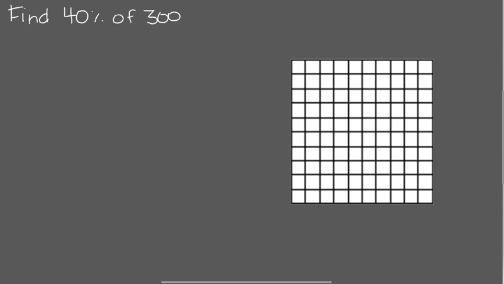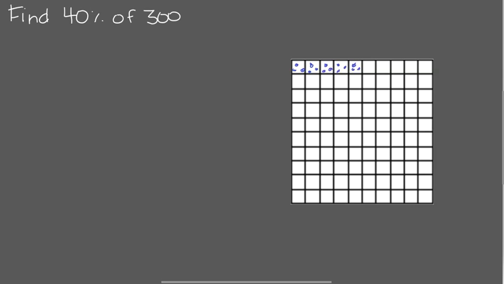So if I'm doing that, I know that there will be three in each, right? Because if I take 300 and divide by 100, I'm going to have 3 per square.